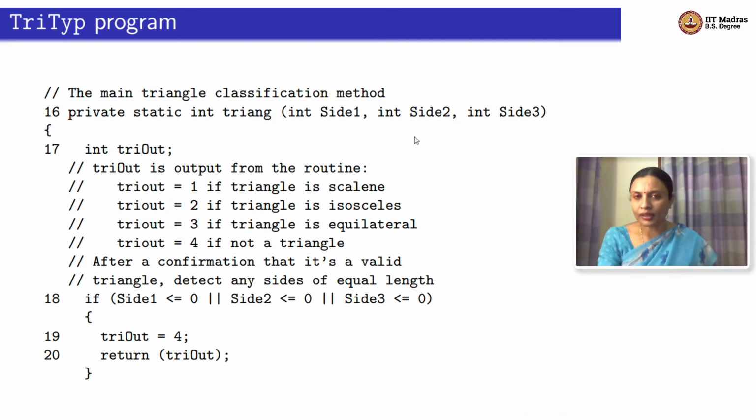The 3 inputs are the 3 sides, and the output that is expected is the type of a triangle, either scalene or isosceles or equilateral or not a valid triangle. We know this much. This is the requirement of this method. We're not going to look at the source code of this method. We will design black box test cases by applying the coverage criteria that we learned just now for the same method.